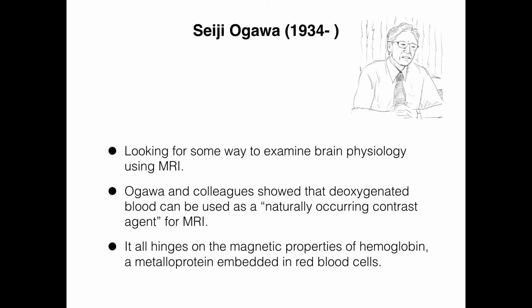He and his team were looking for a way to examine brain physiology using MRI, and they showed that deoxygenated blood can be used as what they called a naturally occurring contrast agent for MRI, which means that you can tell that the signal strength changes based on the proportion of oxygenated versus deoxygenated blood at a given point in the brain. And this all hinges on the metallic properties of hemoglobin, a metalloprotein embedded in red blood cells.